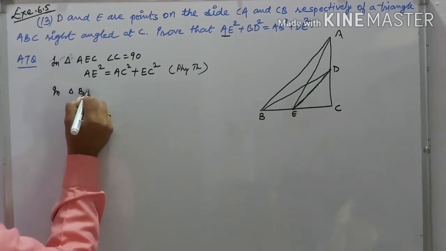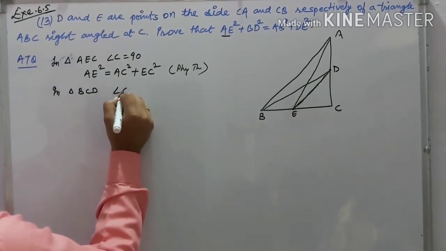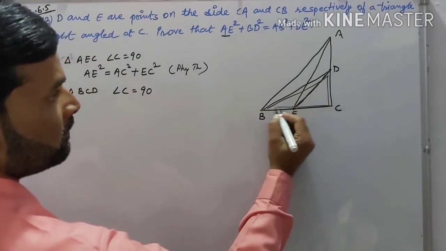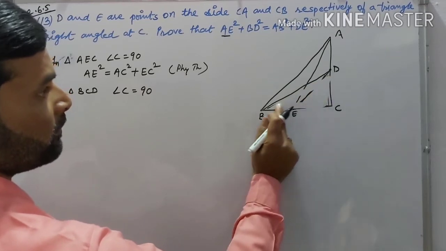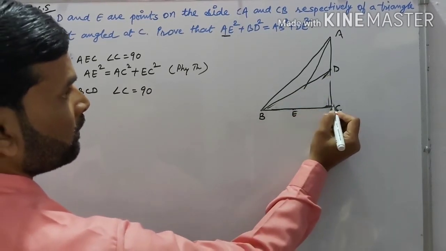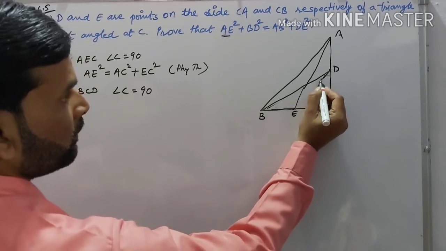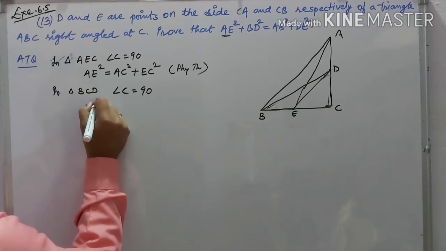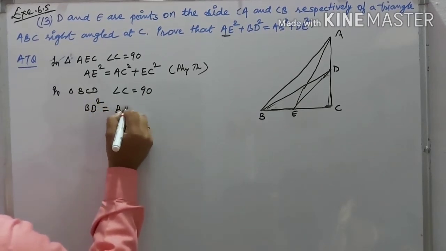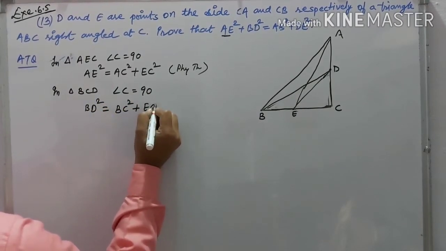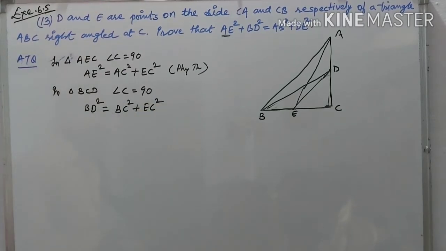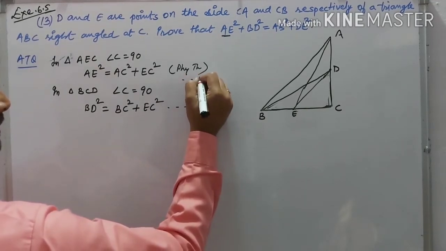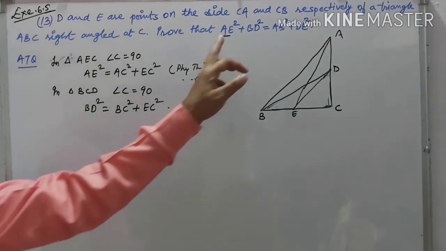In triangle BCD, angle of C is equal to 90, in this triangle. Now write BD square is equal to BC square plus EC square. This is equation 1 and this is equation 2, and you prove AE plus BD.